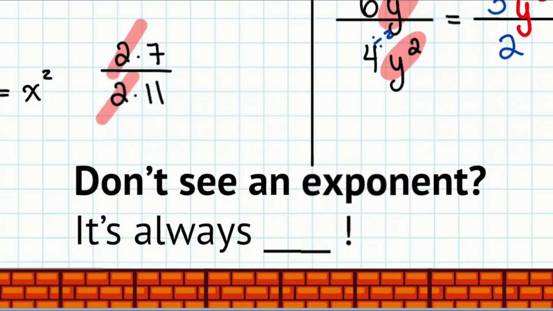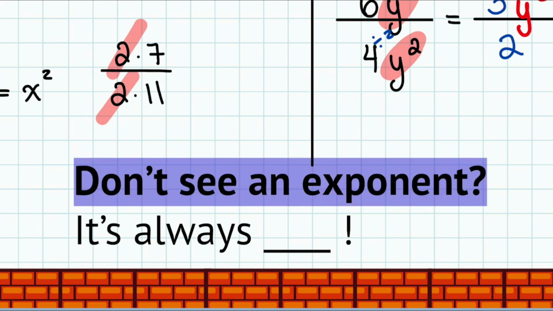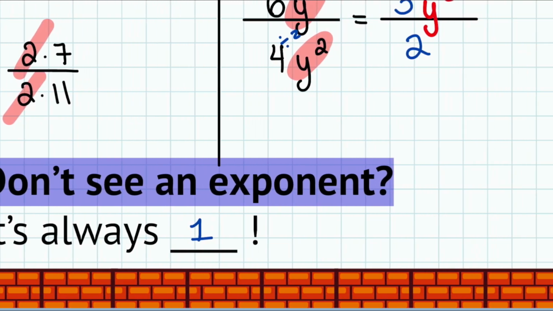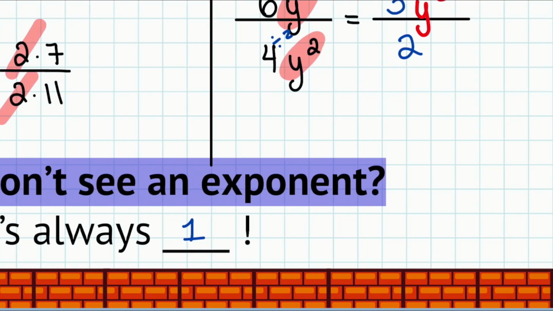So everybody, if we don't see an exponent, what's the exponent always going to be? Help me out. Yeah, if we don't see an exponent, the exponent is always 1. So for example, you know how some of us might not totally get why, hey, x times x equals x squared? Sometimes it may be confusing as to where those numbers came from, right?